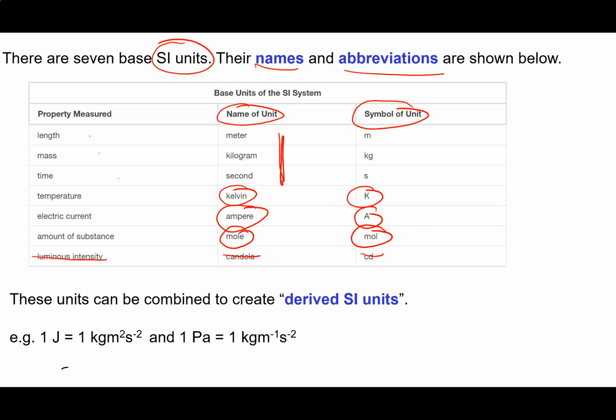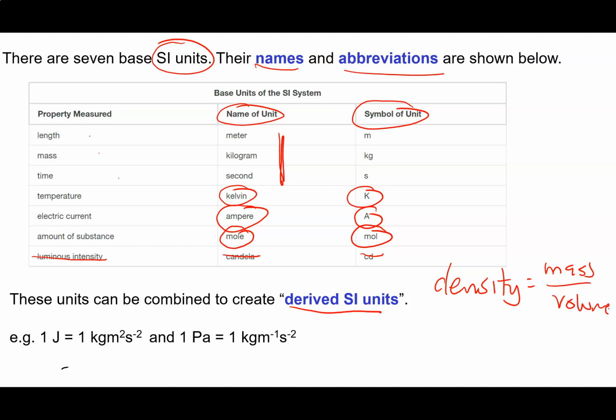Now, it is important to recognize that obviously we can measure many more than 7 things. What we do is combine these base units to create what are called derived SI units. It could be something as simple as density. Density is mass over volume.